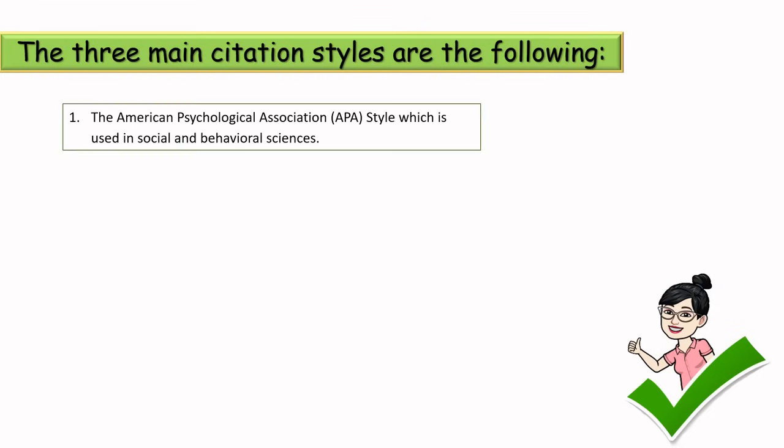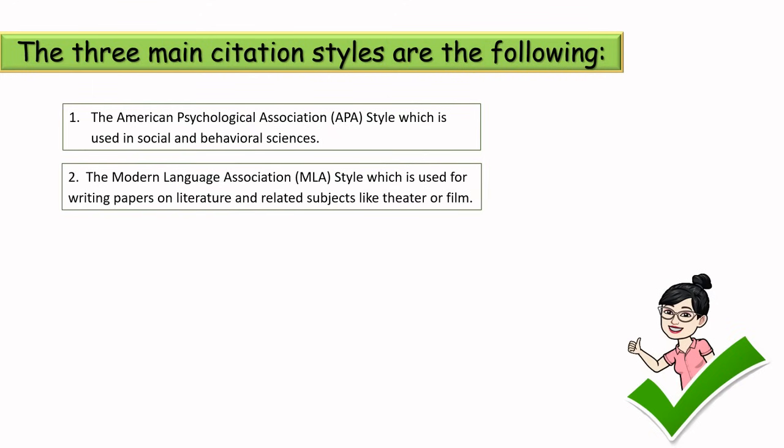Number 1. The American Psychological Association or APA style, which is used in social and behavioral sciences. Number 2. The Modern Language Association or MLA style, which is used for writing papers on literature and related subjects like theater or film.